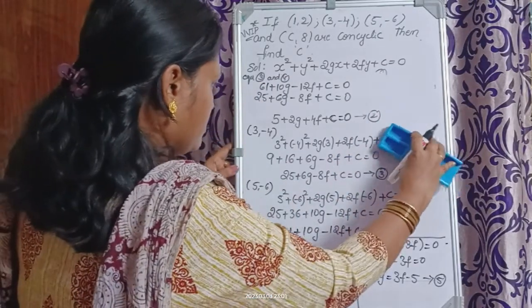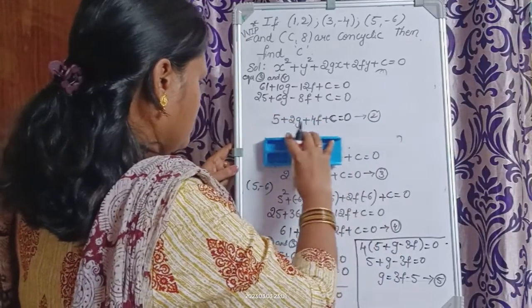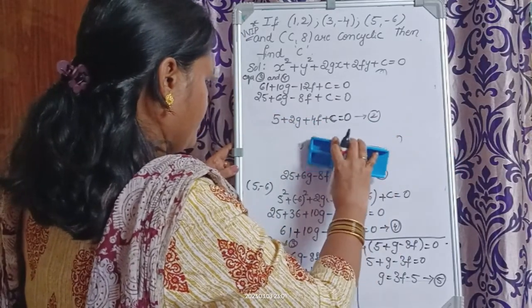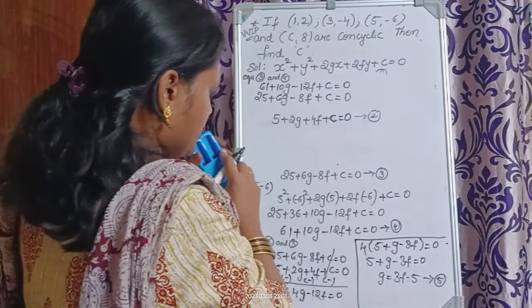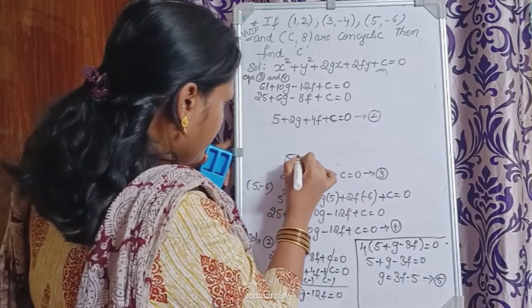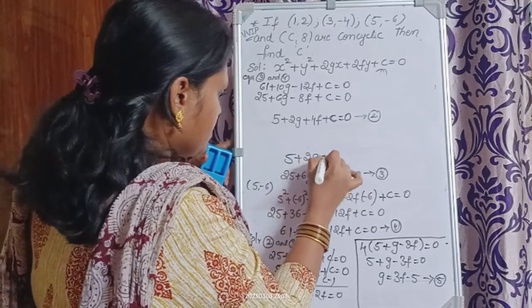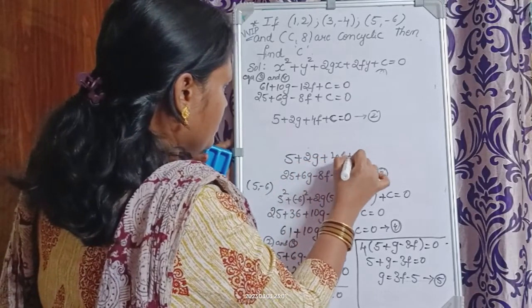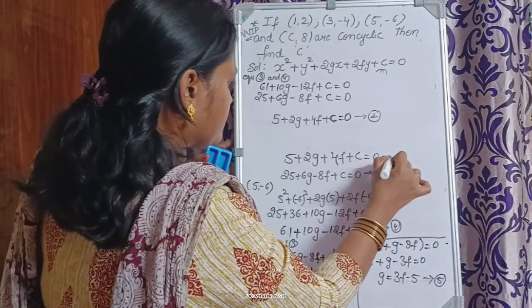One second, I'll just write equation 2 over here: 5 plus 2g plus 4f plus c is equal to 0.